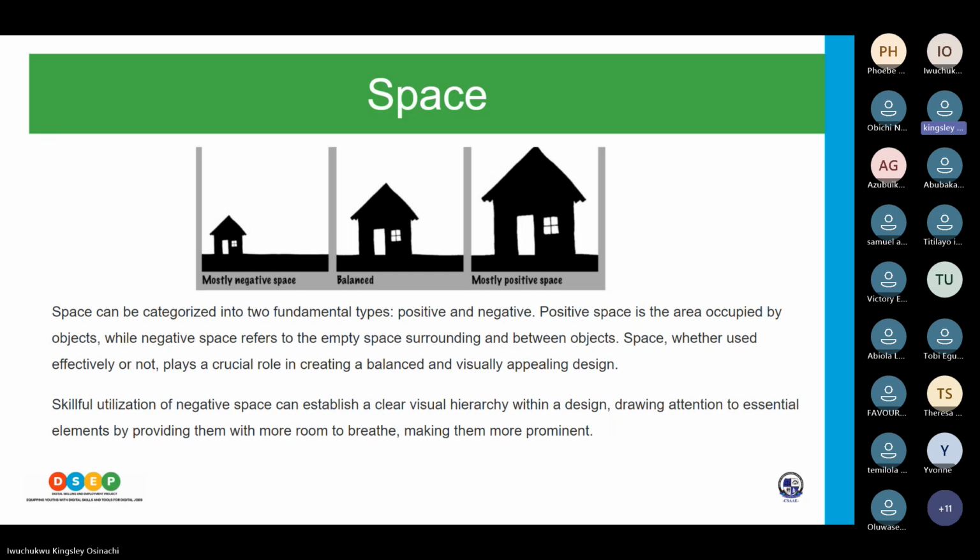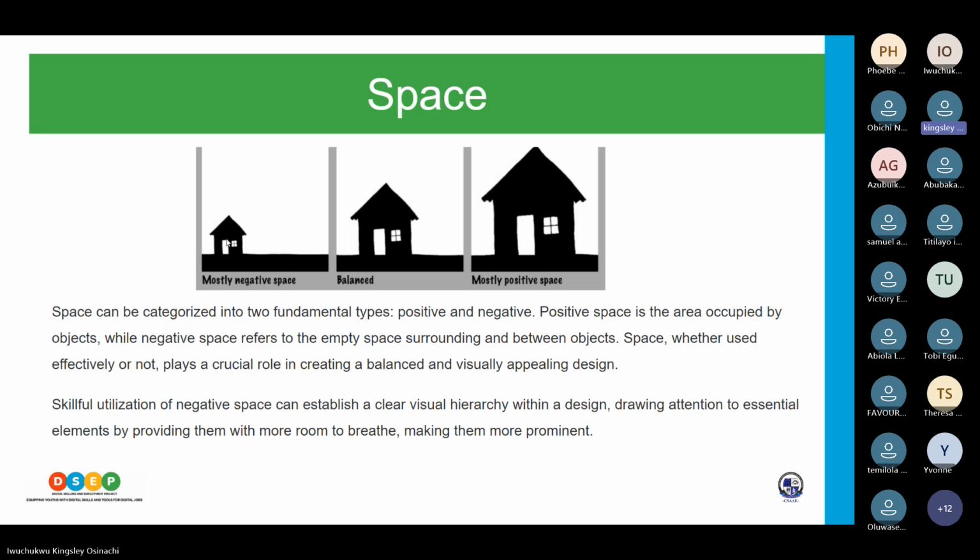Let's say you have a rectangle, right? Inside that rectangle there's a text and there's a picture. The parts that the picture and text are covering are called positive space. The empty spaces that are not being covered by anything are called negative space.